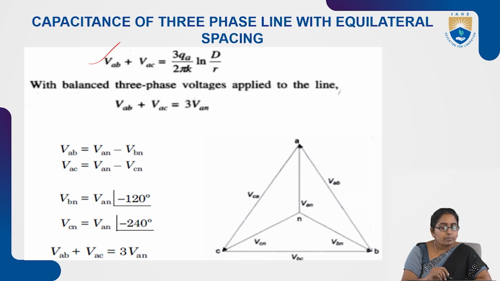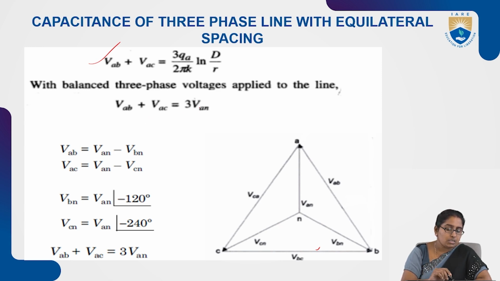Now, for a balanced three-phase system in terms of voltages, these are line voltages VAB, VBC, VCA, and these are neutral voltages VAN, VBN, VCN.